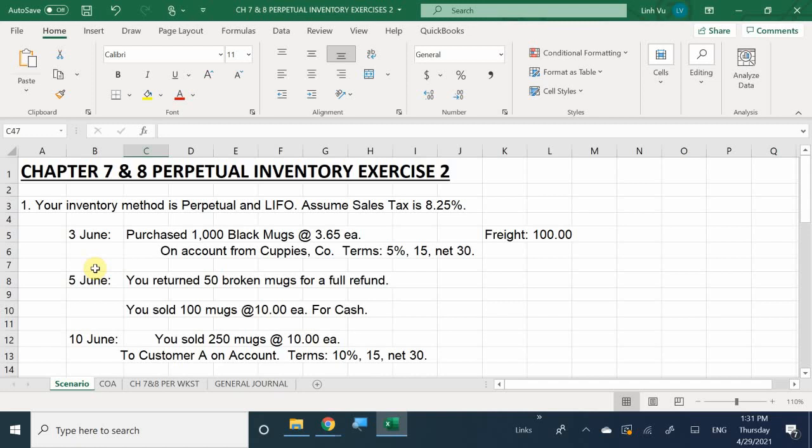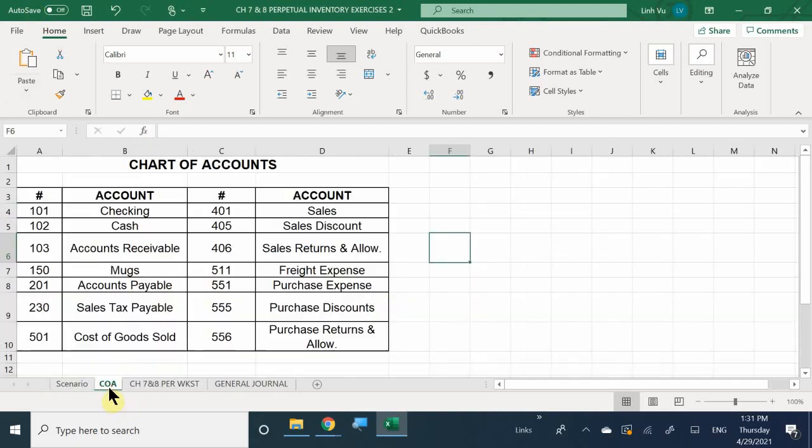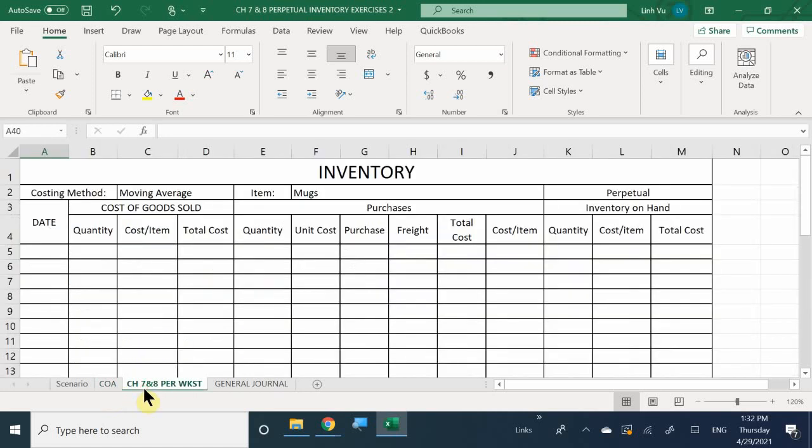So once again, here is the Excel worksheet that gives you your chart of accounts, right? So there's another precursor there that we need: in order to journalize any of our transactions, you need to have a chart of accounts, okay? Second thing is, here's the inventory worksheet that we're going to use to calculate our perpetual inventory.